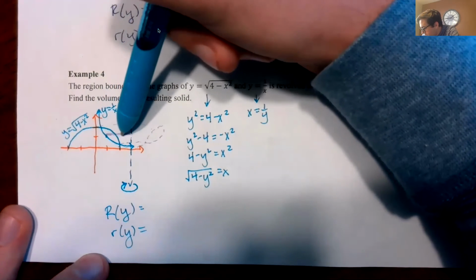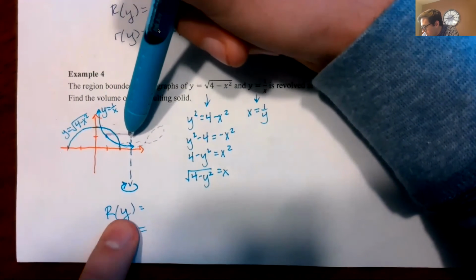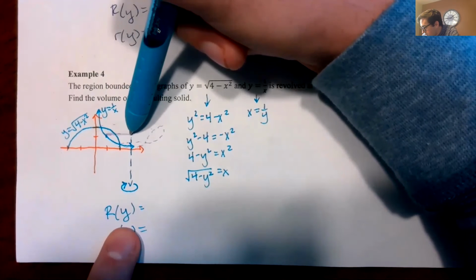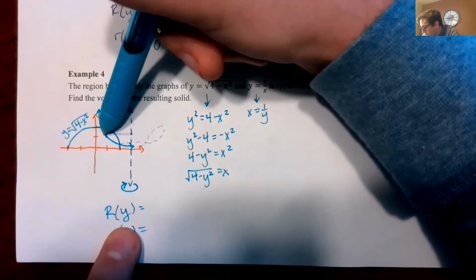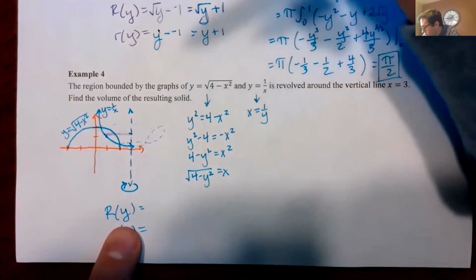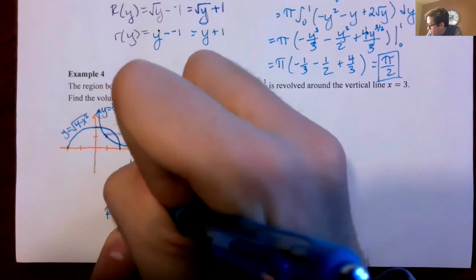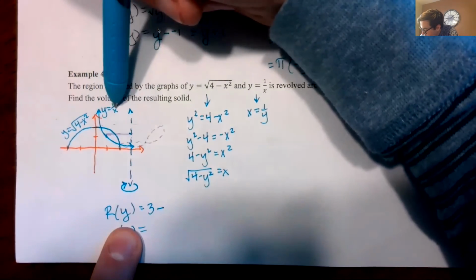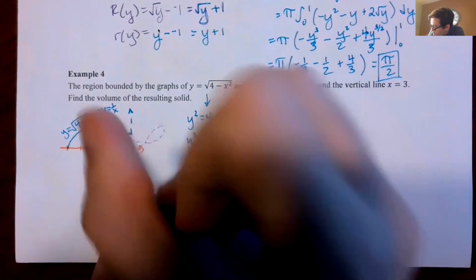But our outer radius is from here to here. To write that radius, though, we still are going to start on the right side and then subtract the left side. So we're going to start with that axis of revolution, which is 3, and subtract this curve, which was y equals 1 over x, which we solve for x and put as 1 over y.